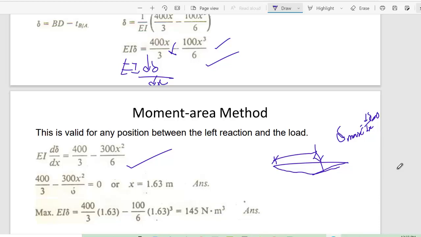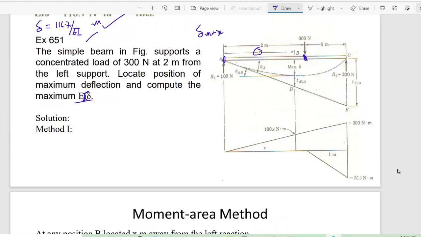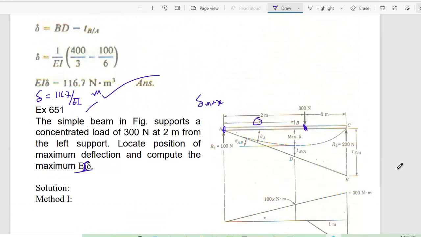So if you consider this term as 0, now have a look. You can write 400 by 3 minus 300 x squared divided by 6 equals 0. From this equation you can get the value of x. You will get two values of x, and you pick the most relevant value between 1 and 3, because the 300 load is given between 1 and 2.